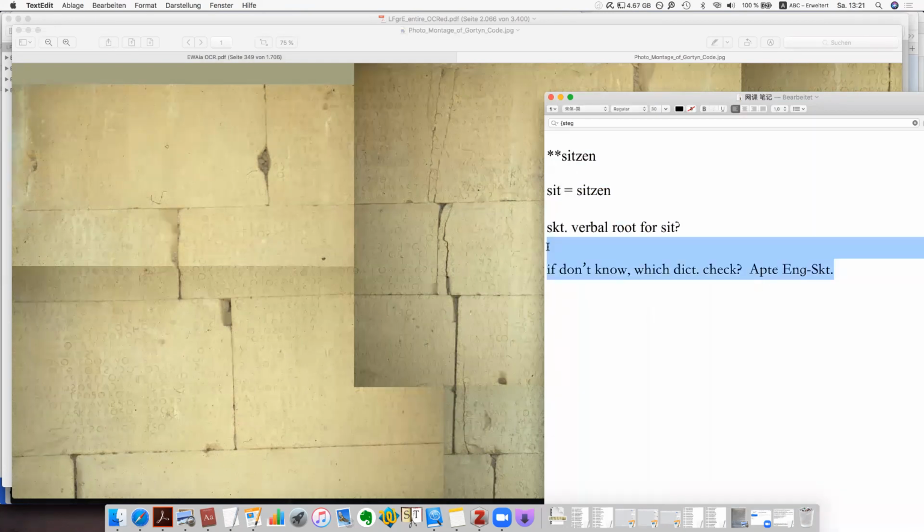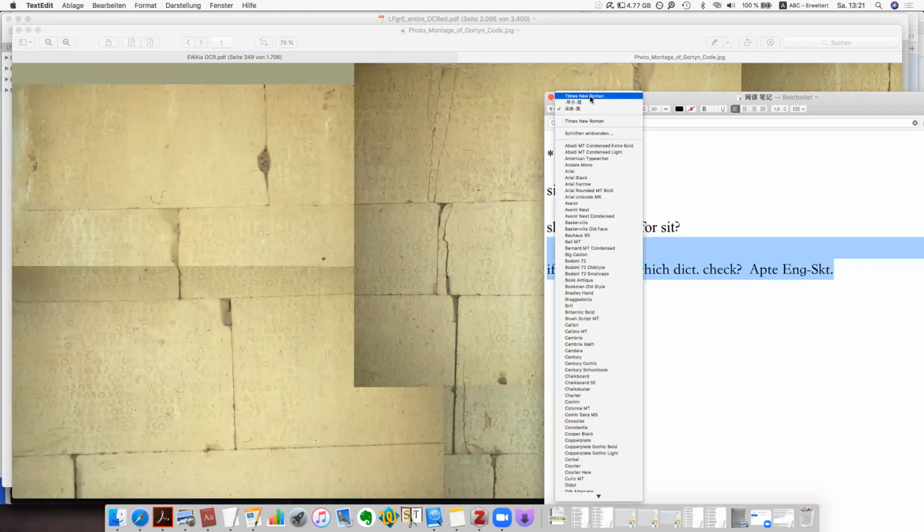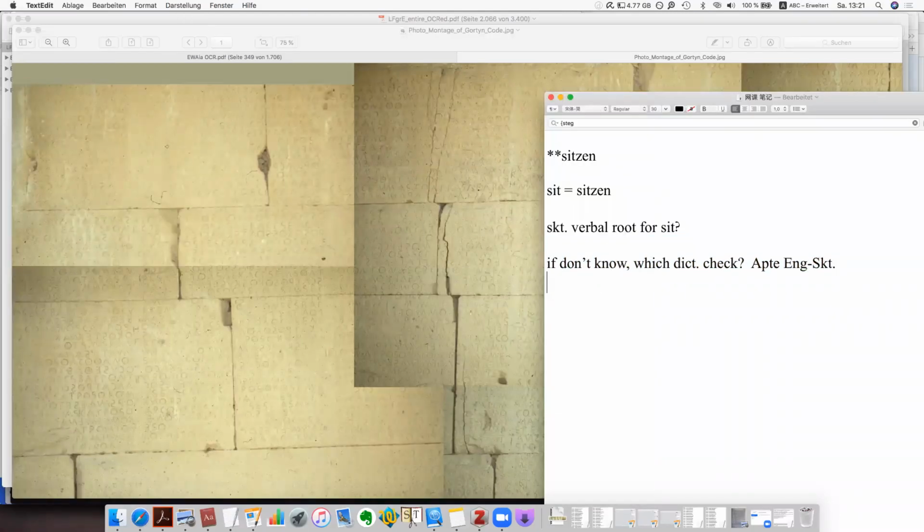Okay, so the Sanskrit root is sat. And then comes a question. What is the present of sat? If we want to check the information of the present of sat, what is the form of the present of sat?